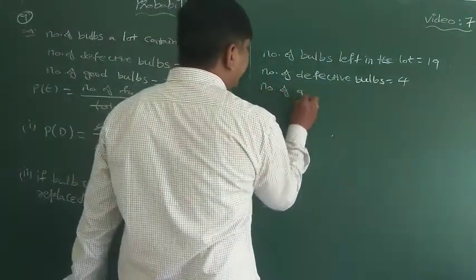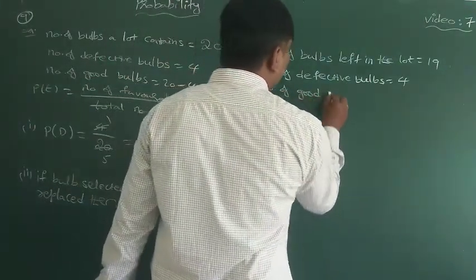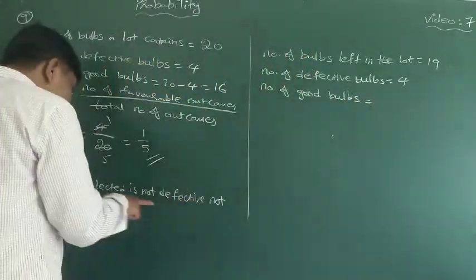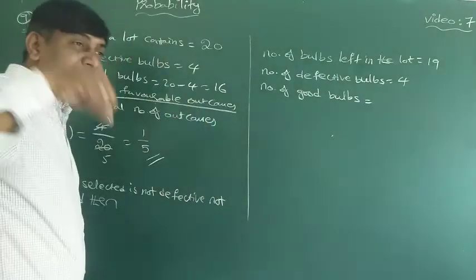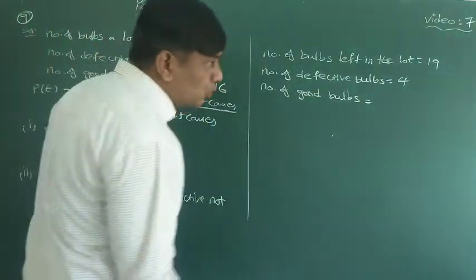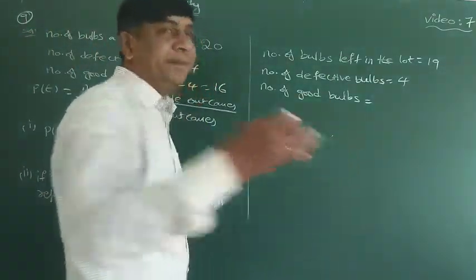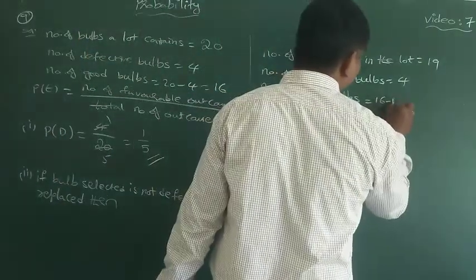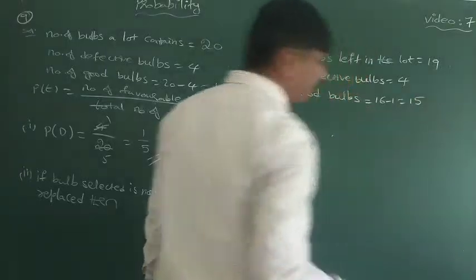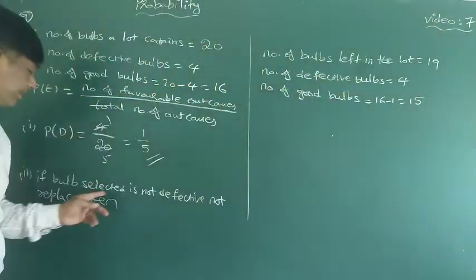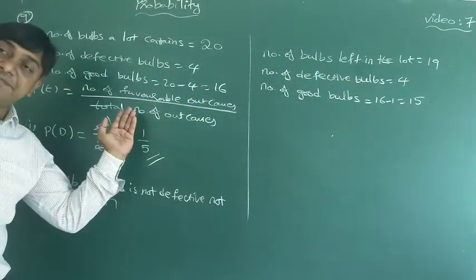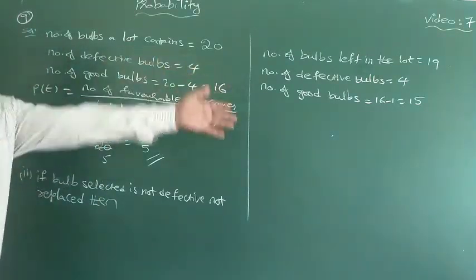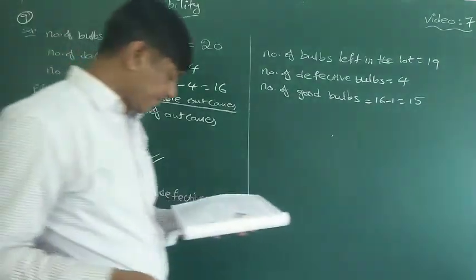Number of good bulbs: whatever you selected was not defective, which means obviously it is a good one, and you kept it outside, so 16 minus 1 is equal to 15. The leftover good ones are 15.